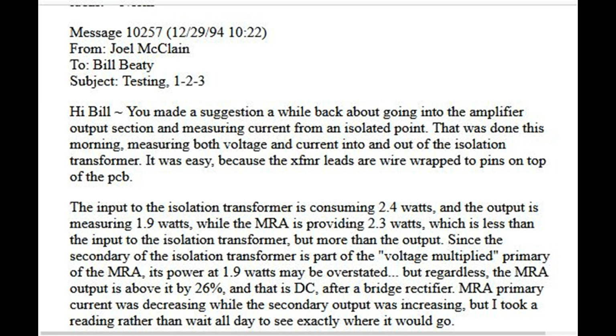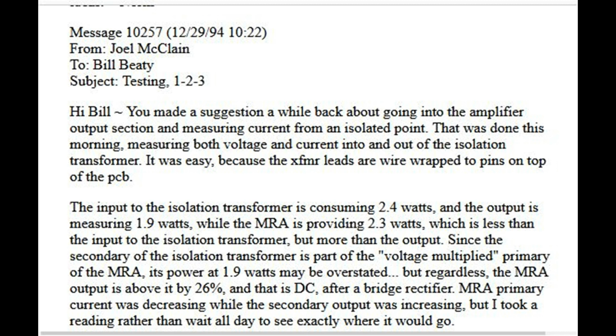Since the secondary of the isolation transformer is part of the voltage multiplied primary of the MRA, its power at 1.9 watts may be overstated, but regardless, the MRA output is above it by 26%, and that is DC, after a bridge rectifier. MRA primary current was decreasing while the secondary output was increasing, but I took a reading rather than wait all day to see exactly where it would go.